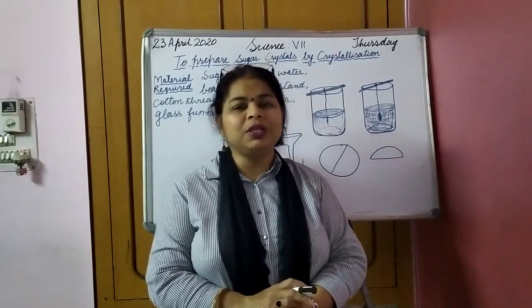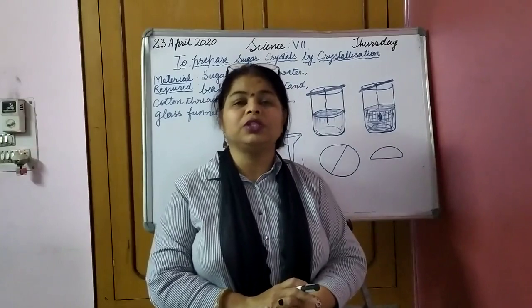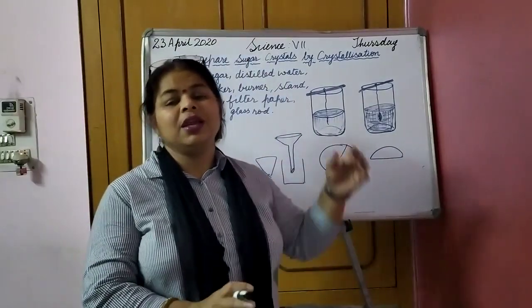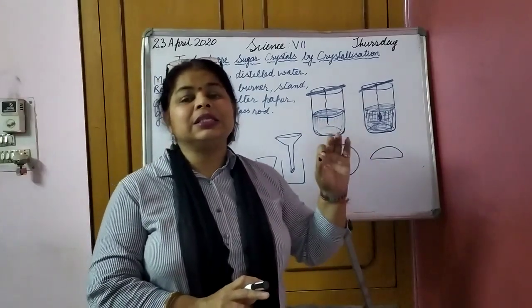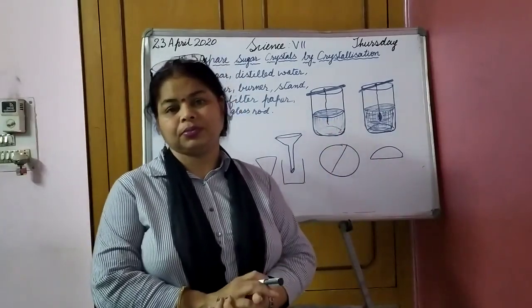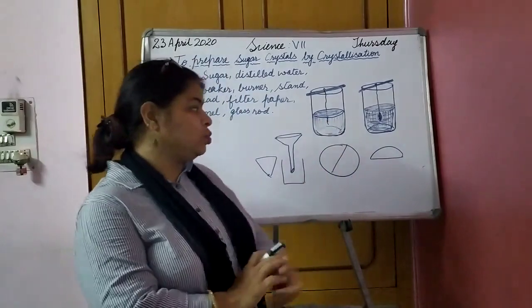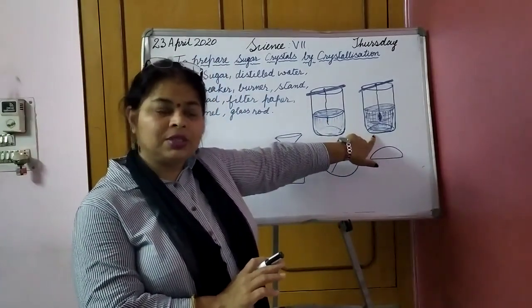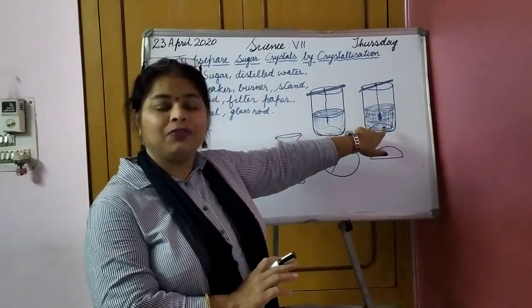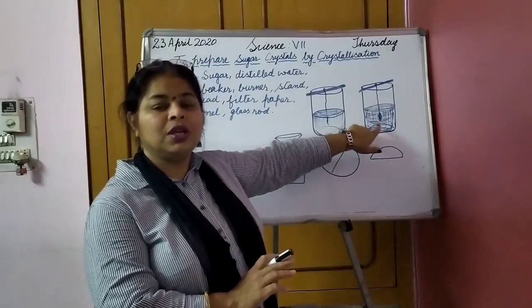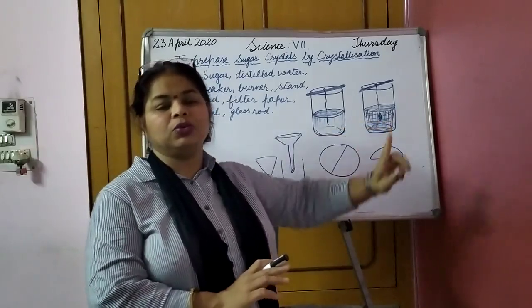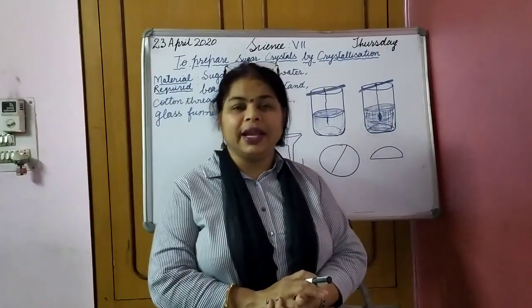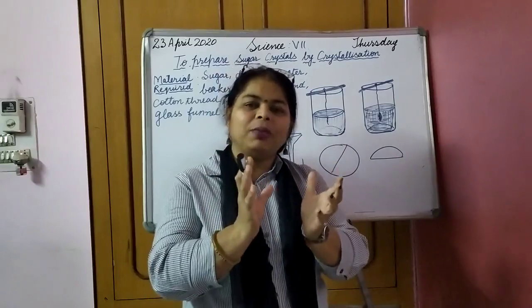When a supersaturated solution cools down, the sugar particles that are present in it start separating out. Okay, when this supersaturated solution is allowed to cool, the crystals start separating out, and these sugar particles aggregate or collect, they form a collection.